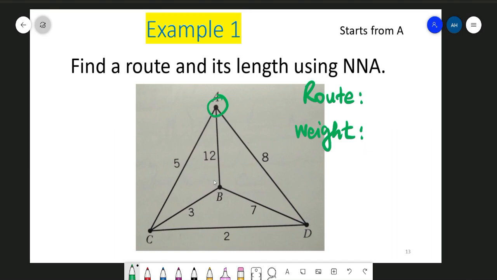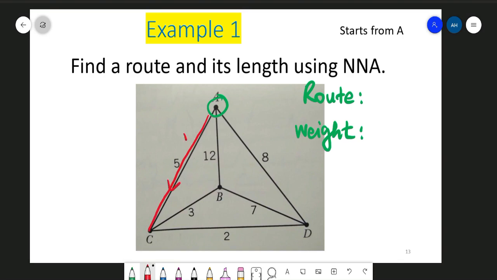From A to B is 12. From A to C is 5. Therefore we have to pick the nearest distance. We choose 5, so from A, we go to C first.